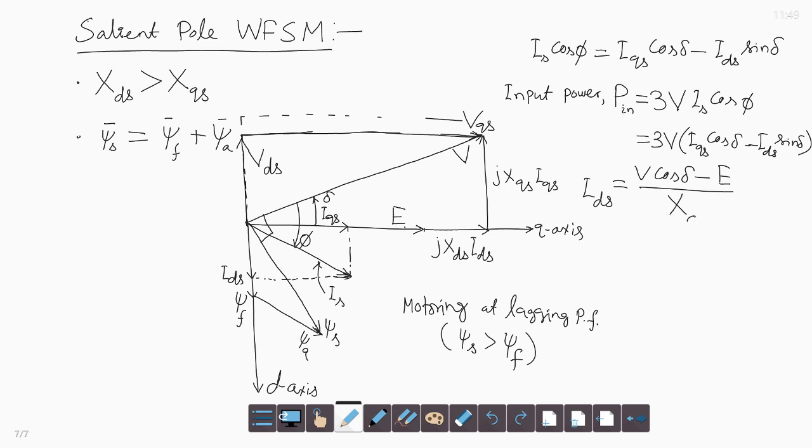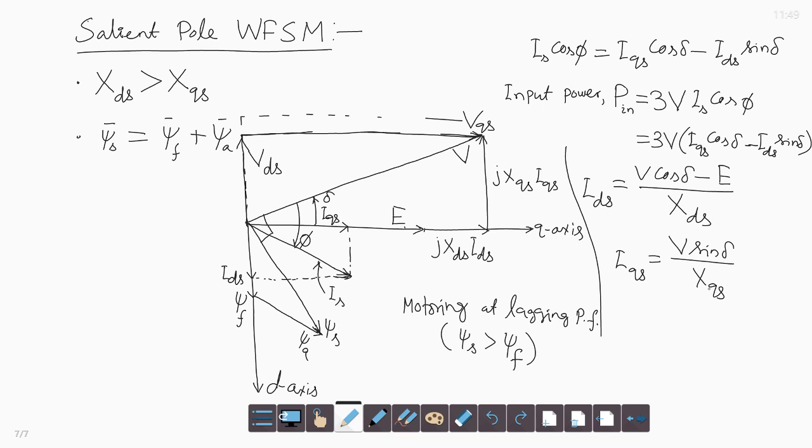So, Ids is (V cos delta minus E) divided by xds, and also Iqs is V sin delta divided by xqs.